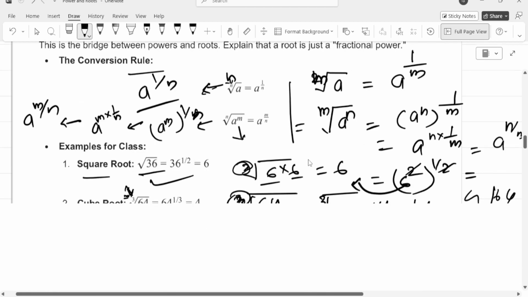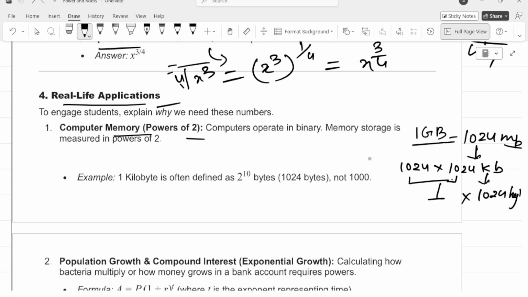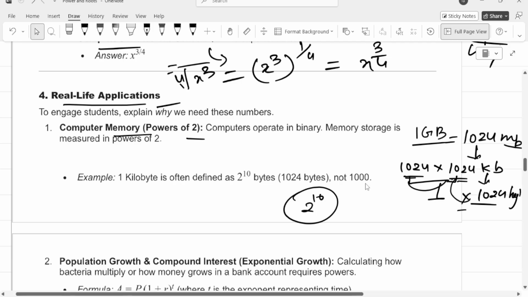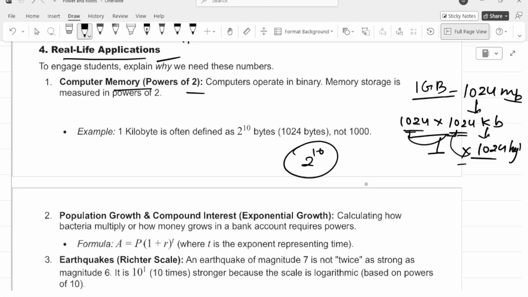There are a lot of numbers, so when we multiply all these numbers we get a power of 2 to the power 10 values. Multiplying 1024 into 1024 gives a big number and takes time to note down, so we can simply write it as 2 to the power 10 bytes. Bytes is the unit.